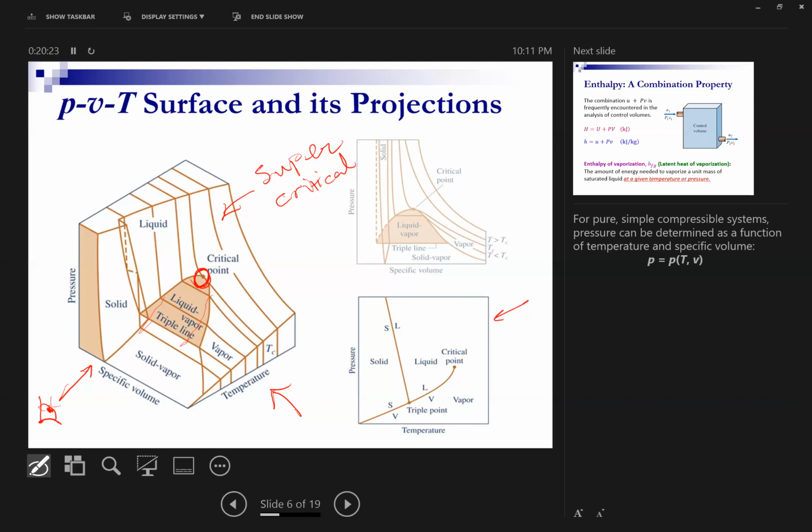Back in the good old days, engineers used the diagrams to find the properties and model the thermodynamic processes. Nowadays, with the advent of computers and software, we need tabulated data. That's the reason why we are going to focus on the tables. But it doesn't mean that you cannot use the graphs to solve the problems.